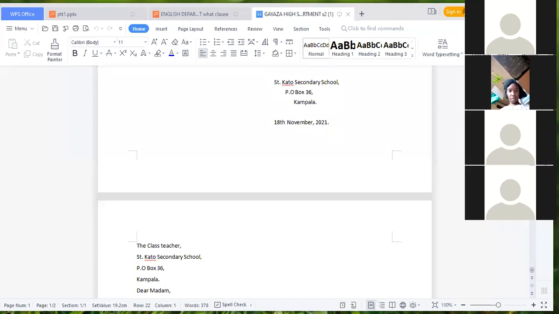Block means all the words are from the margin. The receiver's address is block, as you can see it there.